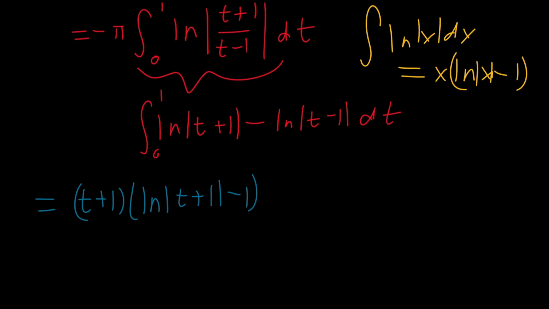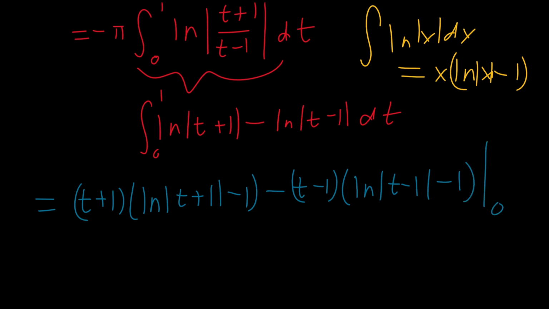Yes, I did close my parentheses. So we have that for the first one. And then we have minus t minus 1 times the natural log of the absolute value of t minus 1. The parentheses are closed. And that's all evaluated from 0 to 1.